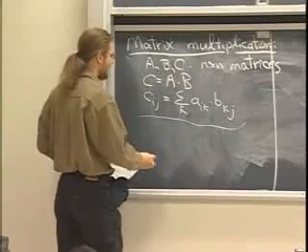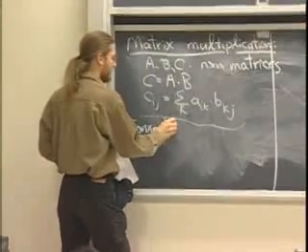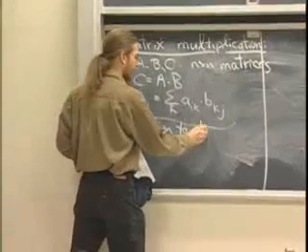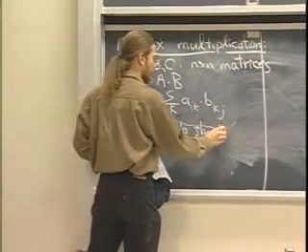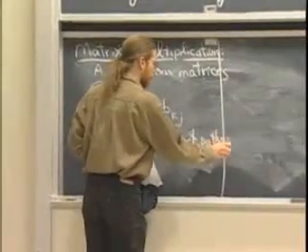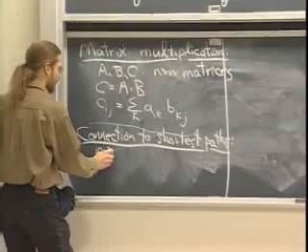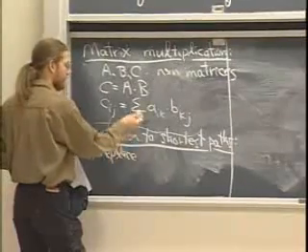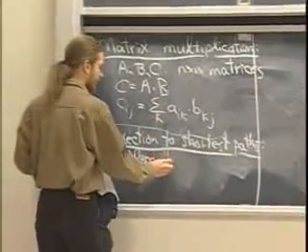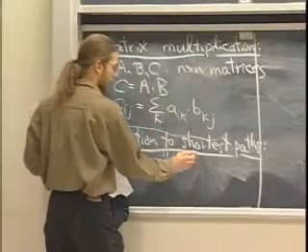So the connection to shortest paths is you replace these operators. So let's take matrix multiplication and replace, what should I do first? Plus this thing with min.